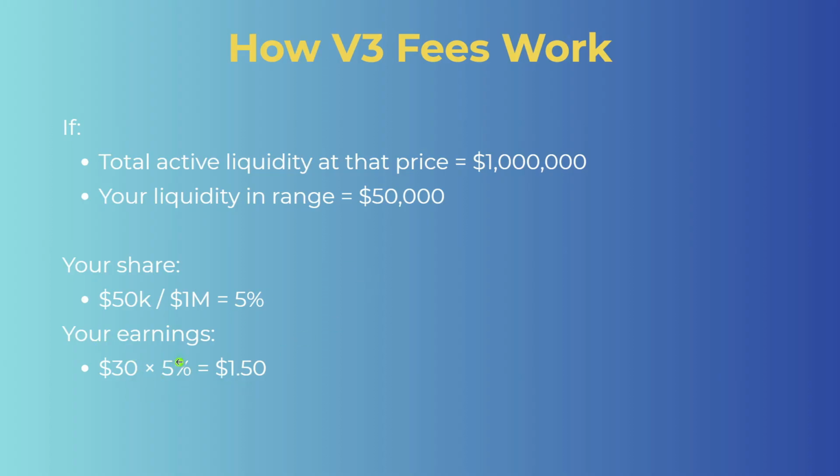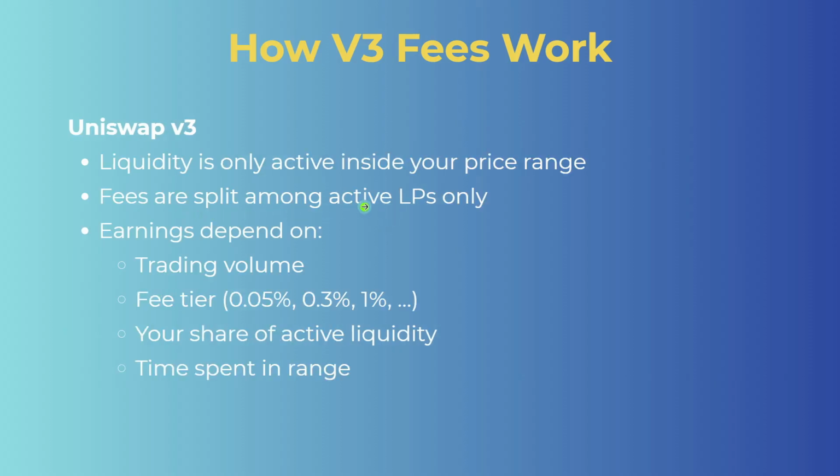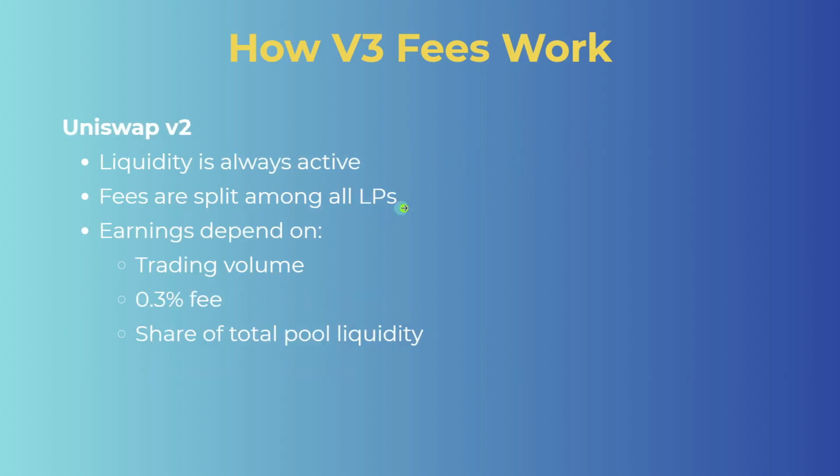So the 5% of $30. So in Uniswap V2, the liquidity is always active. Fees are split among all LPs. The earnings depend on trading volume, of course, the 0.3% fee, and the share of the total pool liquidity.